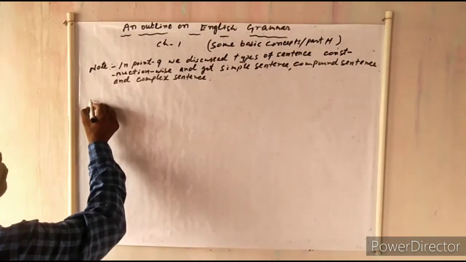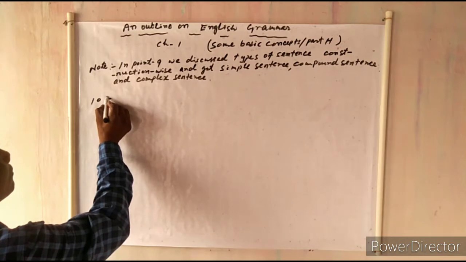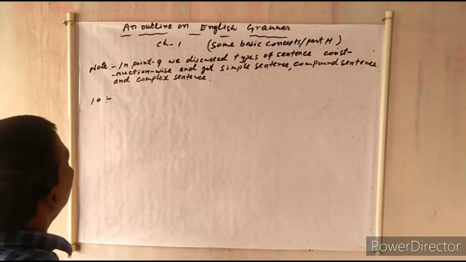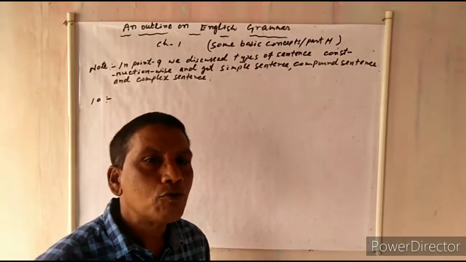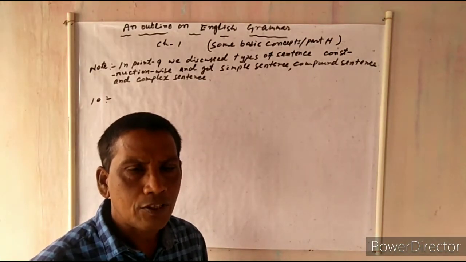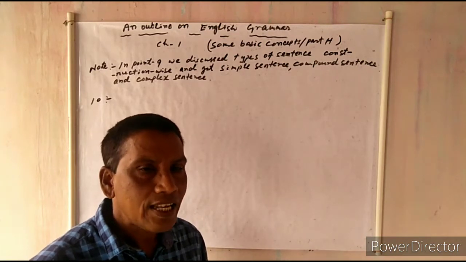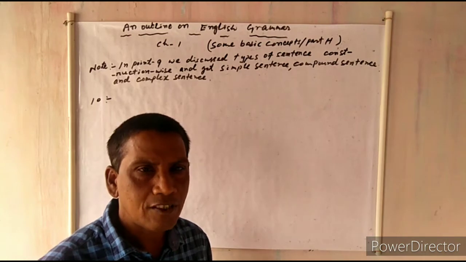Next, point number 10. Till now, you will come to realize that in any language there are 4 units, namely sentence, clause, phrase, and parts of speech.